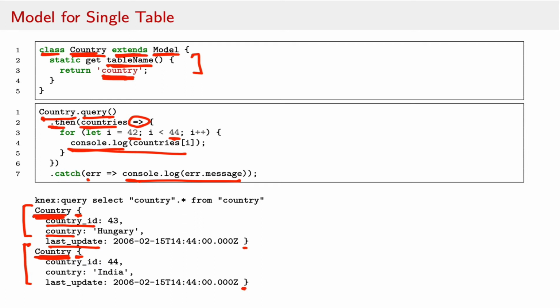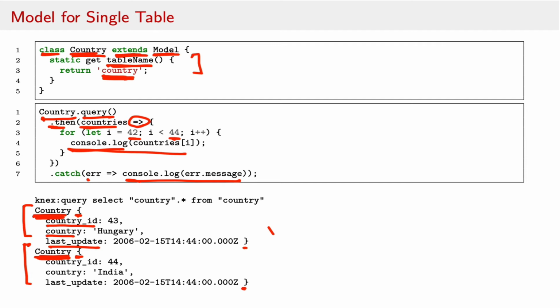They're just generic JavaScript objects. The fact that this is a bona fide country class means that we've now connected our business data, our application data, into the objection environment, and we'll see that that gives us a lot more power and flexibility than what we had before with just the raw Knex output of an array of normal JavaScript objects.